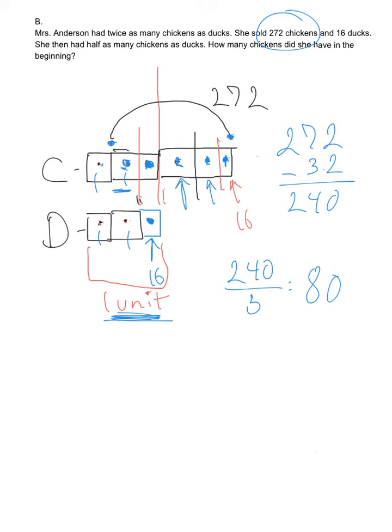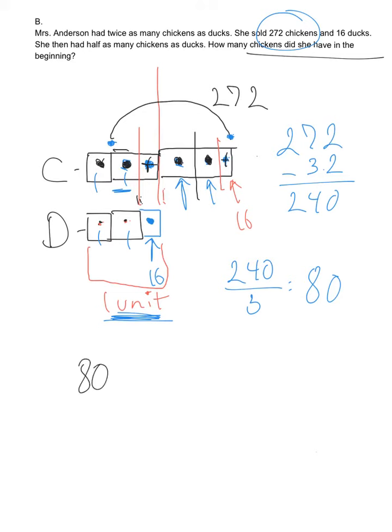So now, I think we can go back and solve our problem. We now know that we have 80 in here, 80 here, 80 there, and 80 here as well. Plus, of course, the 16 and the 16. Now they want to know how many chickens she had in the beginning. So we come up here and we say, well, 80 plus 80 plus 80 plus 80. Well, that's 80 times 4. That's 320.